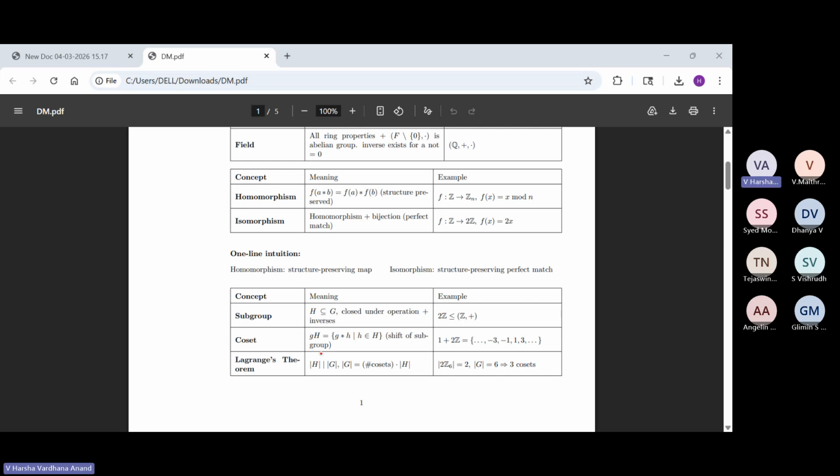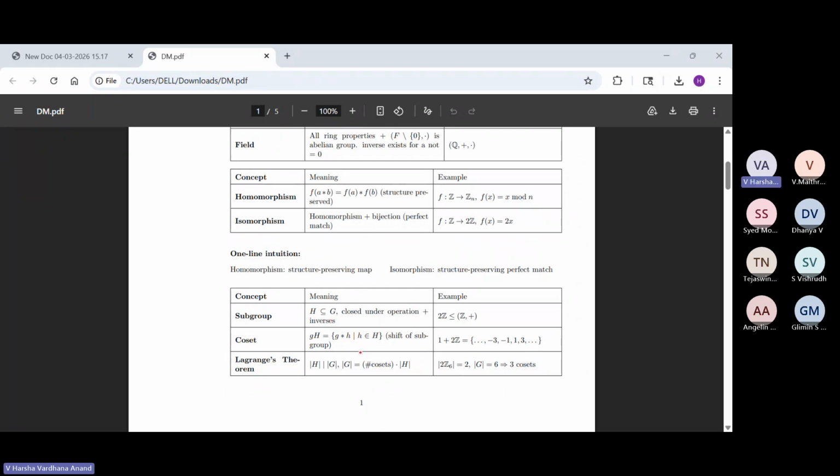So essentially, both the set of all even numbers and the set of all odd numbers are cosets, and both of them will have the same number of items. That's another important property that gives us Lagrange's theorem. Take n as the number of items in the whole group, and x, or k, whatever it looks like, as the number of items in the subgroup, and the subgroup here is a coset.